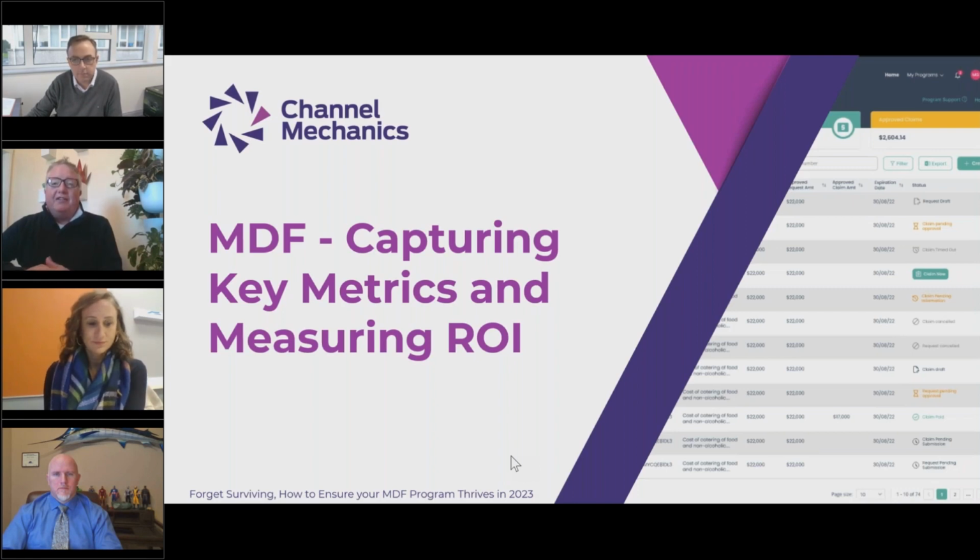So the number one lesson I learned is everything has to be numbers. It has to be a number, and you have to build it into your system. It has to be a number of leads, number of attendees, number of email opens, number of social media interactions, whatever it is. It needs to be a whole number so that you can consolidate it and look at what the performance is.